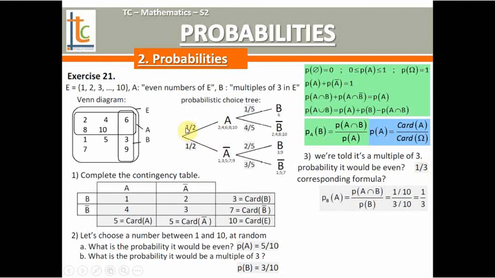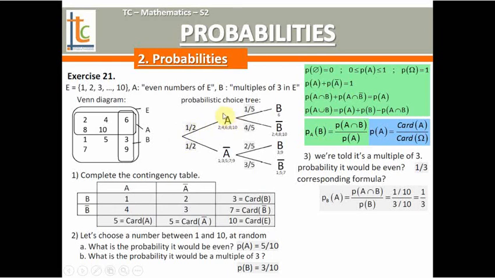I just displayed probabilities on the tree in order to talk about them, and to say a little bit more than asked in the exercise. In a tree, you put probabilities on a line to express the probability to go from the beginning of the line to the end of the line. So there is the set E at the beginning, and the probability to fall into A is 1 in 2.